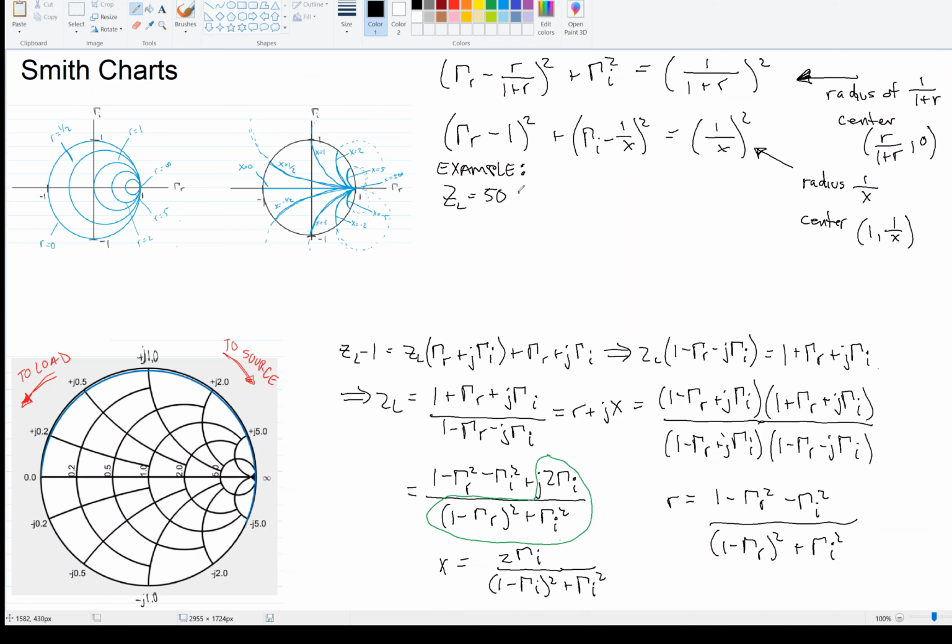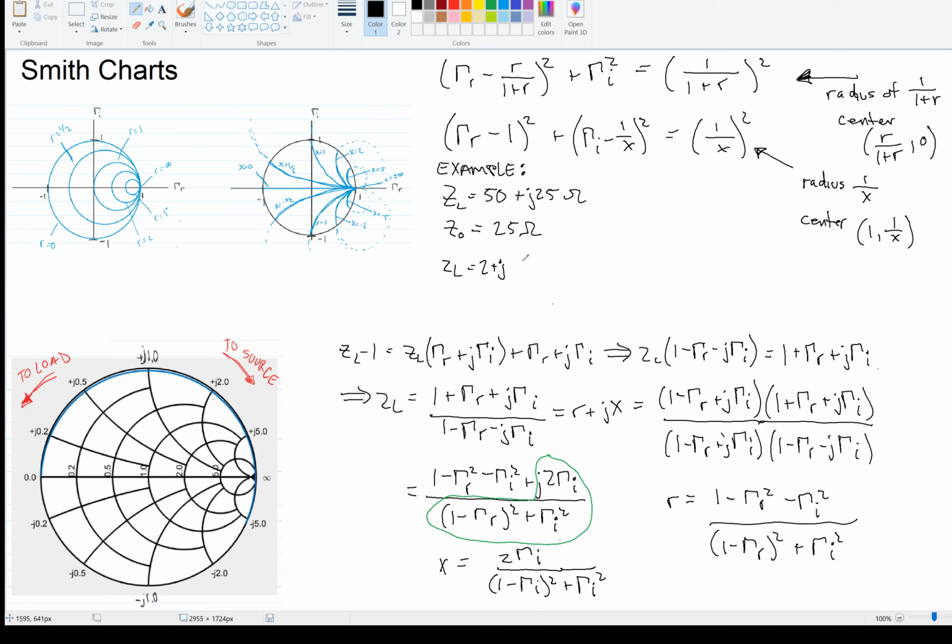A load impedance of 50 plus j25 ohms, and that's terminating a transmission line that is characterized by 25 ohms. Okay? Now, in this case, the normalized load impedance, so lowercase zl, would be Zl divided by Z0, and so that would be 2 plus j.